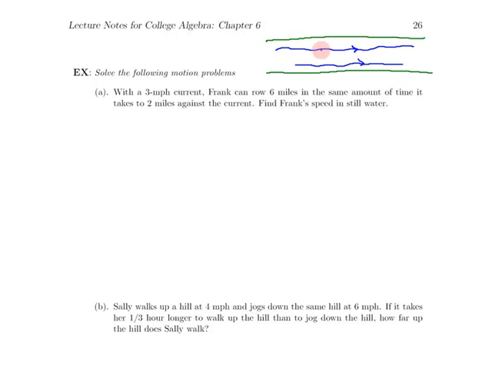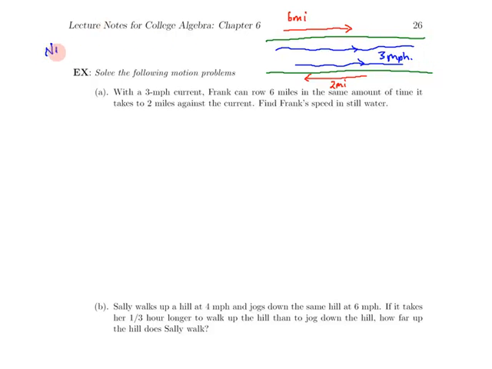First thing we know is that if he's going with the current, he can go 6 miles in the same amount of time that if he goes against the current, he can go 2 miles. And one thing they tell us is that the current is moving at 3 miles per hour. Now the question is, what's his speed in still water?